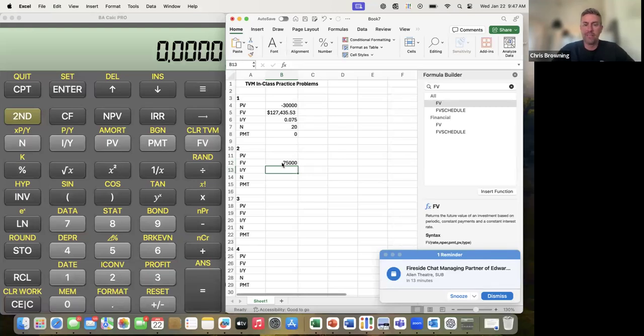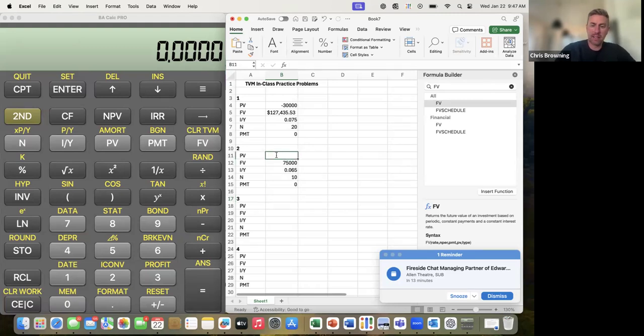Okay, so that is an inflow. Our interest rate here is 6.5%. Our term is 10 years. And again, our payment is 0. So we want to know, how much do we need to invest today if we earn 6.5% per year for 10 years to end up with $75,000 at the end of the 10-year period?